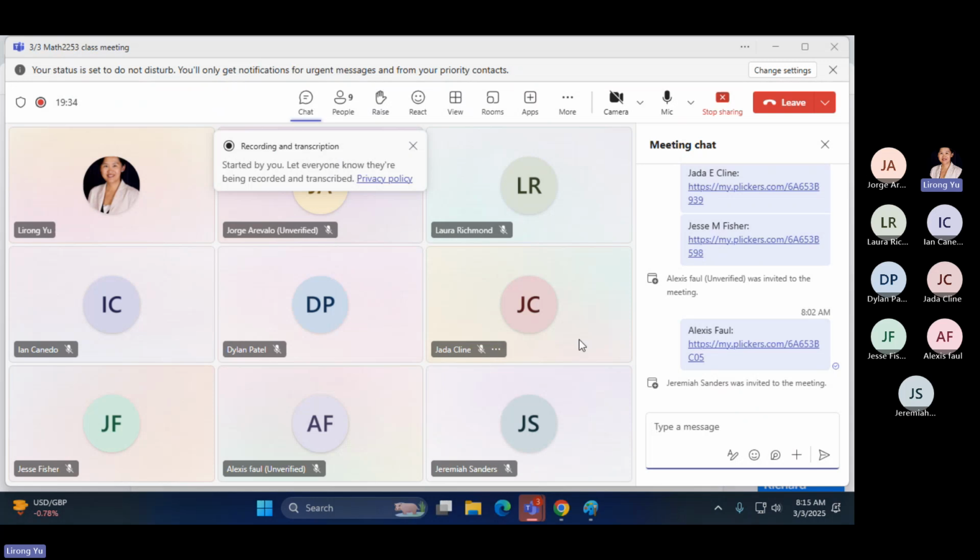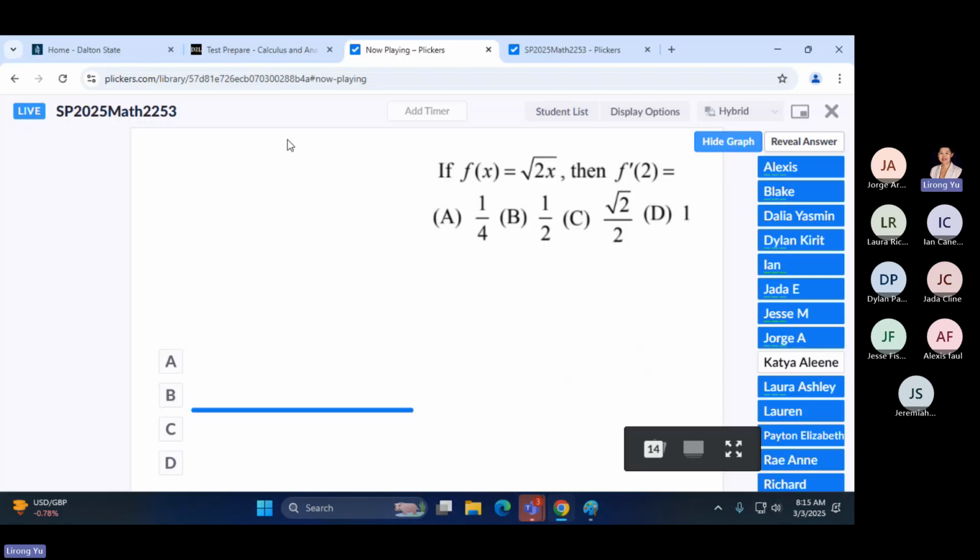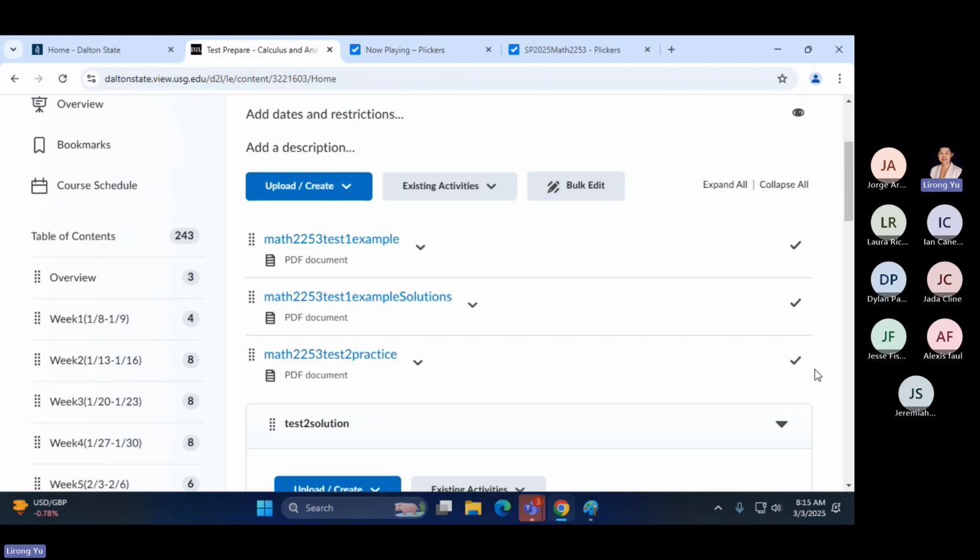Do you have any particular question you want to mention before we start talking about the practice questions? I'm going to try to go over the practice questions today, since the test is tomorrow. Any questions? All right, so together, we're going to look at the test practice questions.